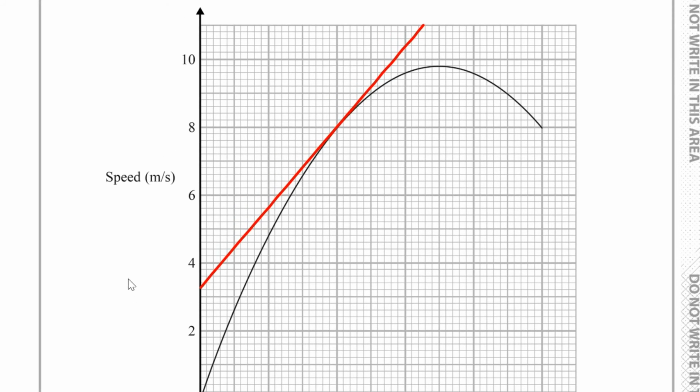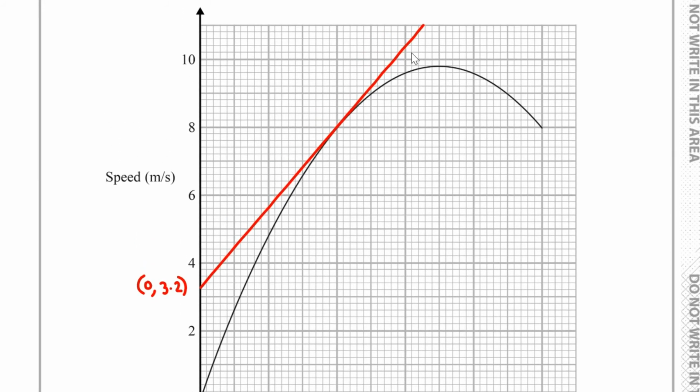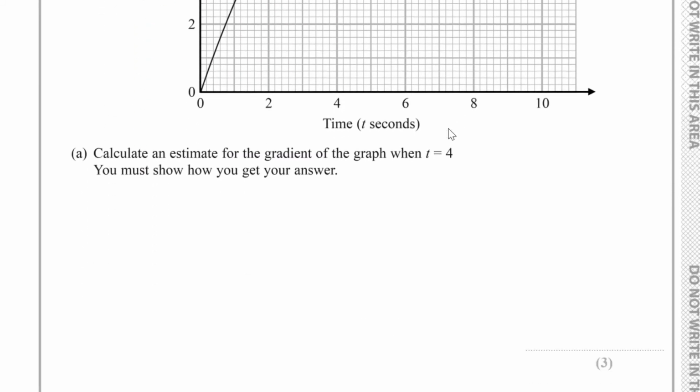Okay, so here is the time t equals 4, and we've drawn the gradient at this point. Now, if I add on the coordinates here, we've got 0 going across and 3.2 going up. And here we've got 6.6 going across and 11 going up. So we need to find out the gradient.